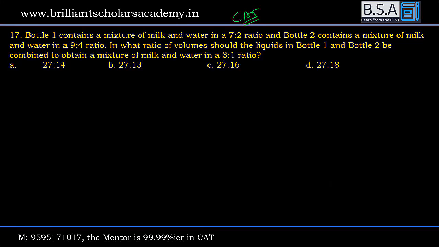In what ratio should the volumes of the two liquids be combined so as to obtain a mixture of milk and water in the ratio of 3:1? I want the final ratio to be 3:1.